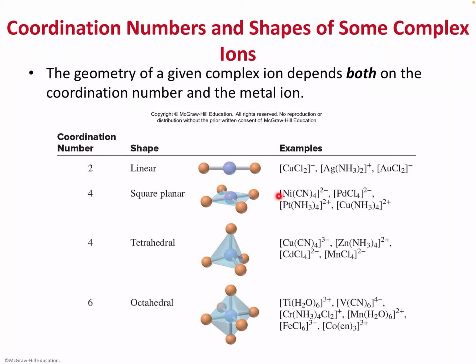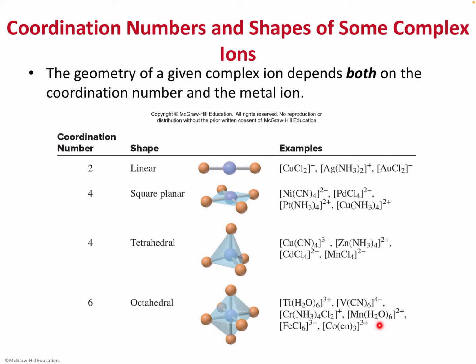All of these are square planar. And there could be some tetrahedral coordination compounds like copper cyanide, zinc ammonia complex, cadmium chloride, manganese chloride. So these are tetrahedral. And for the octahedral, where you have coordination number 6, you can have 6 ligands associated with the central atom.